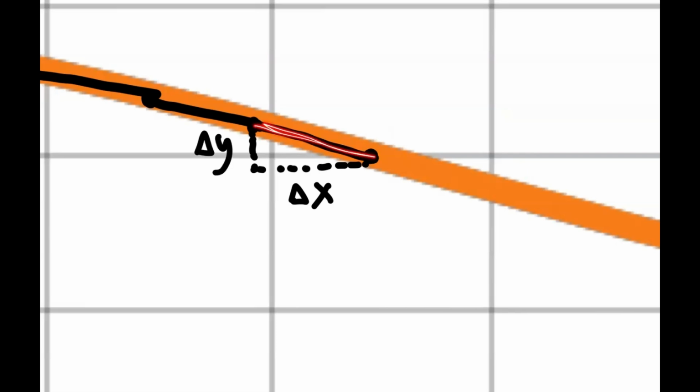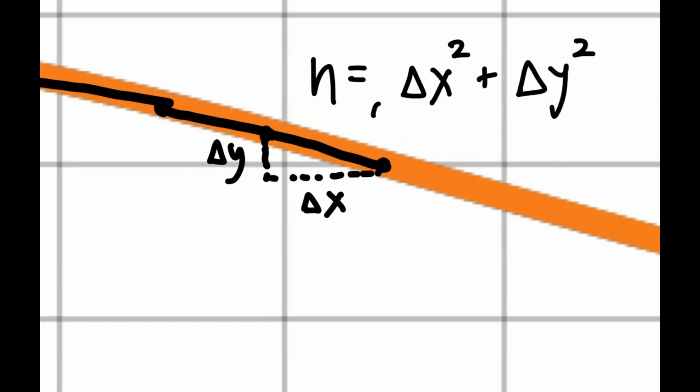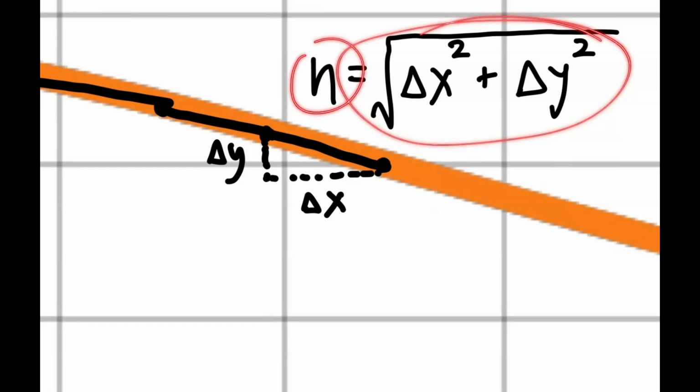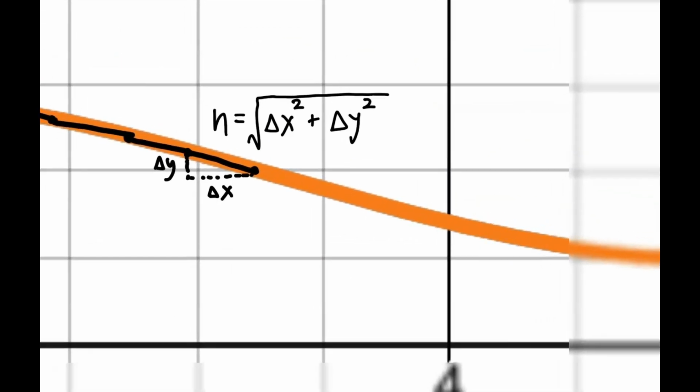Then what would the length of this hypotenuse be? Well, just by the Pythagorean theorem, delta x squared plus delta y squared will be the hypotenuse squared. So the hypotenuse will be this length here. And we want to add up a bunch of these little hypotenuses, one right here, one right here, one right here, just for different delta x's and delta y's.